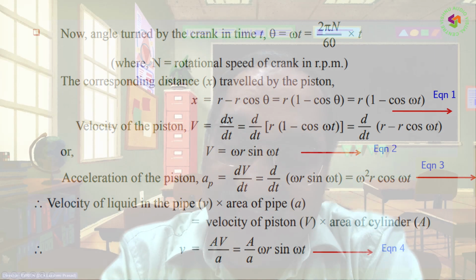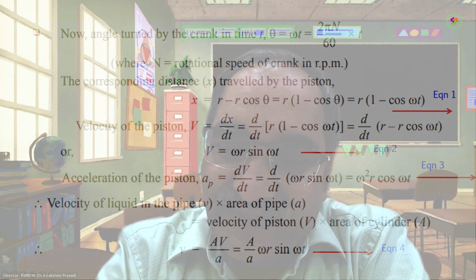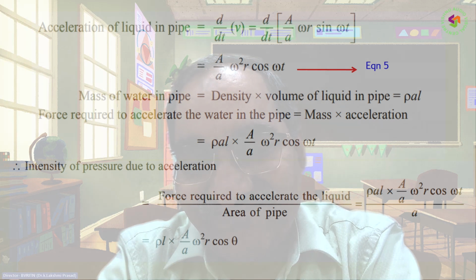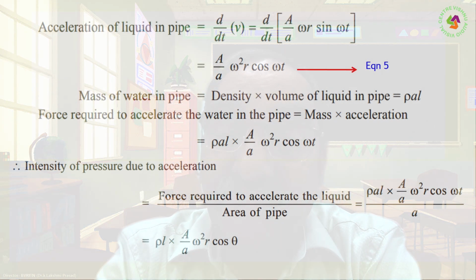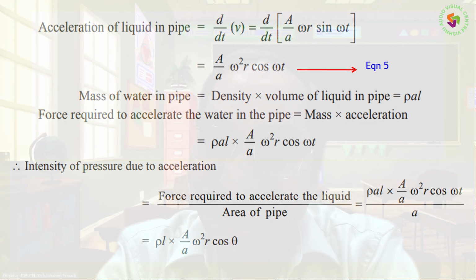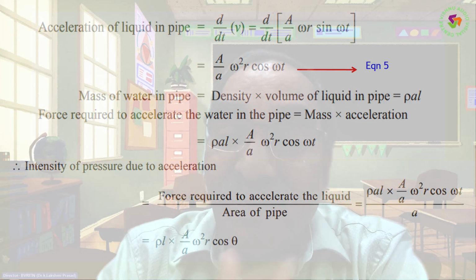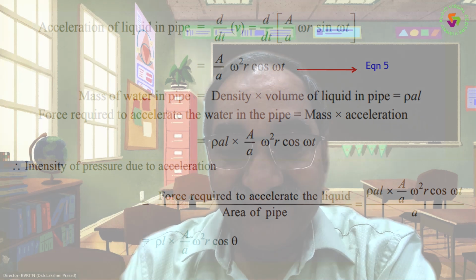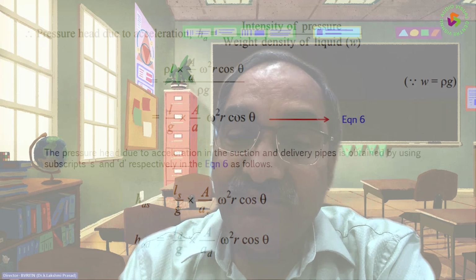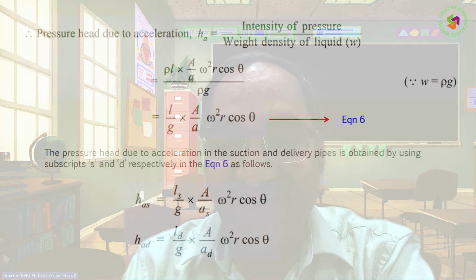When the piston is accelerating, the liquid which is in contact with the piston also accelerates. When the liquid in the cylinder is accelerating, automatically the liquid in the suction pipe gets accelerated. Similarly, during the second half, when the piston decelerates, the liquid also decelerates in the cylinder.